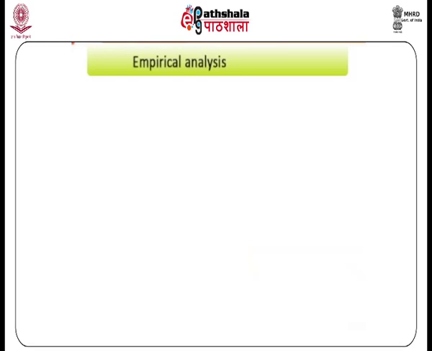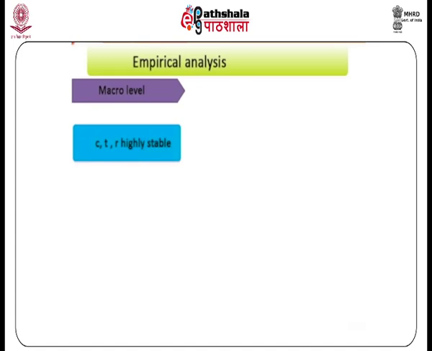Now, to predict the values of C, T, R, let us look at the empirical analysis of the three ratios. The empirical analysis can be conducted at two levels. A, at the macro level, where it is seen that C, T, R have been highly stable, implying that changes in C, T, R have gone in offsetting directions, giving it a long-run stability.